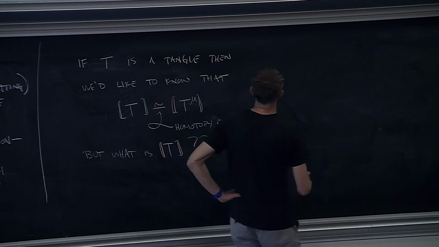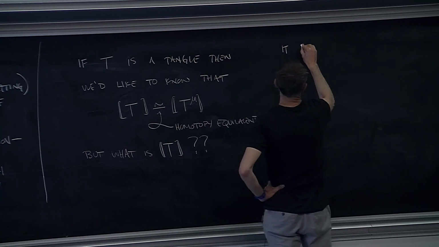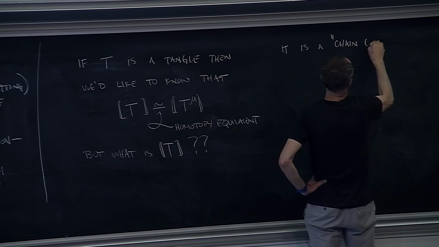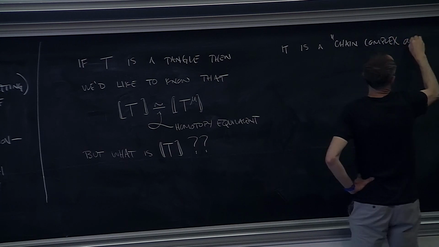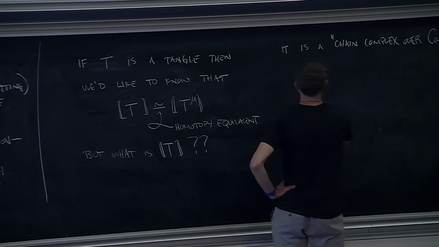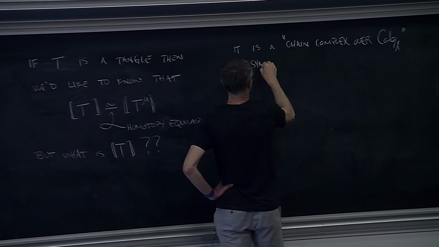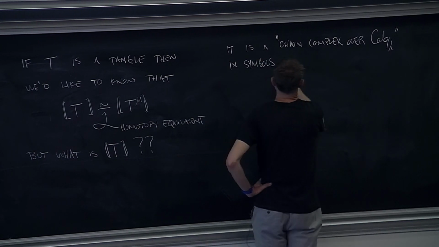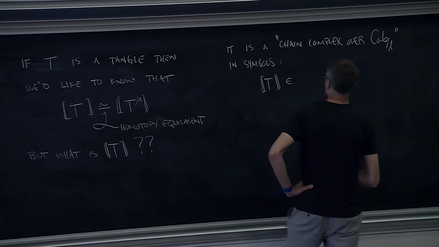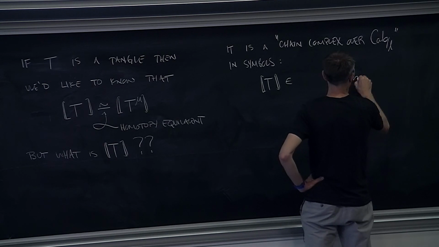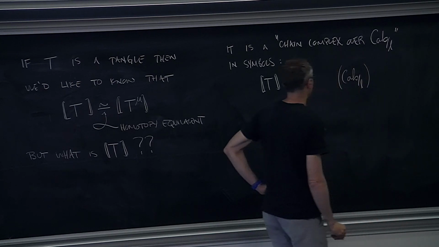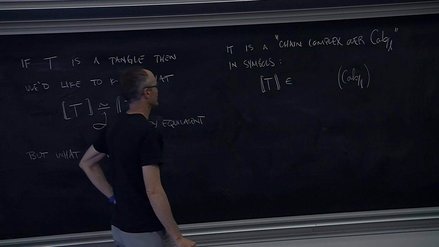So in words, the answer is that T is a chain complex over the category Cob mod L. So what this means is that in symbols, this double bracket lives in Cob mod L, which I'll remind you is a k-linear category.